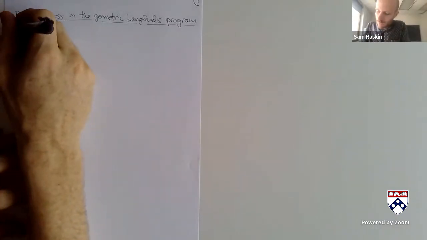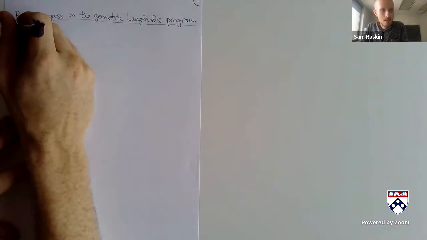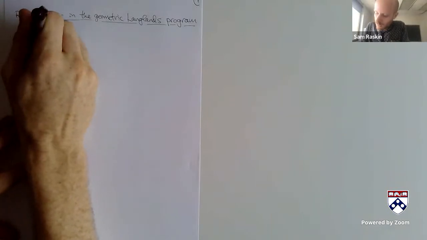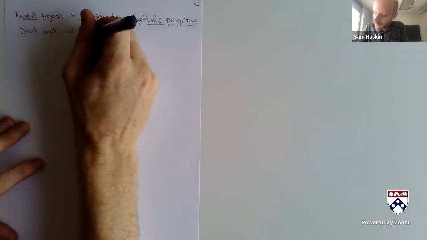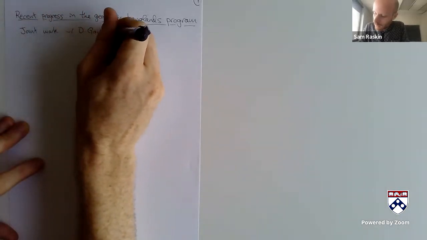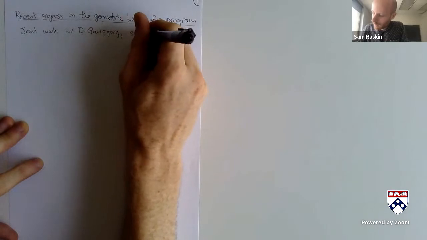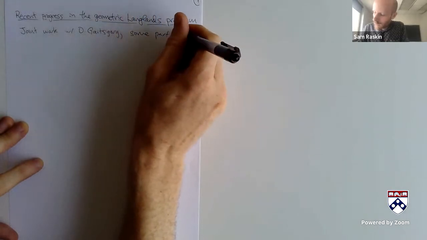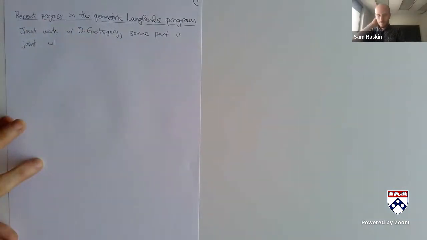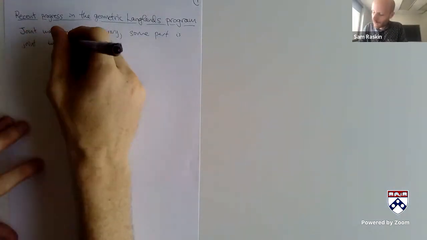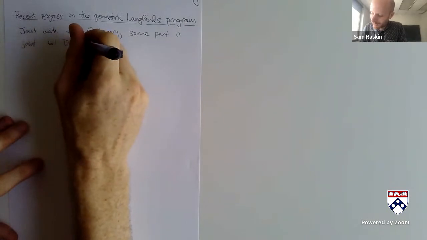The work I'm going to talk about here is all joint work with Dennis Gaitsgory, and some part is joint with many people. So I'm going to try and get them in alphabetical order.